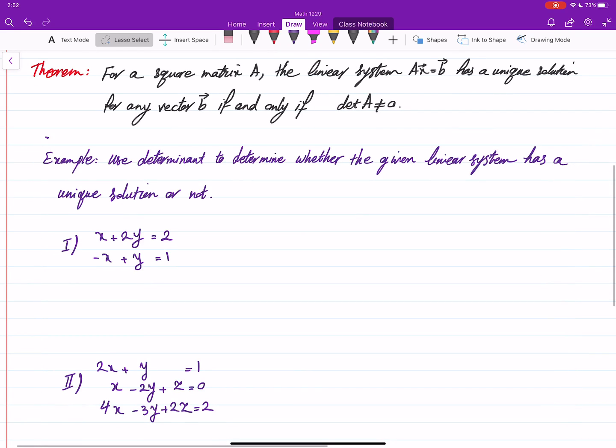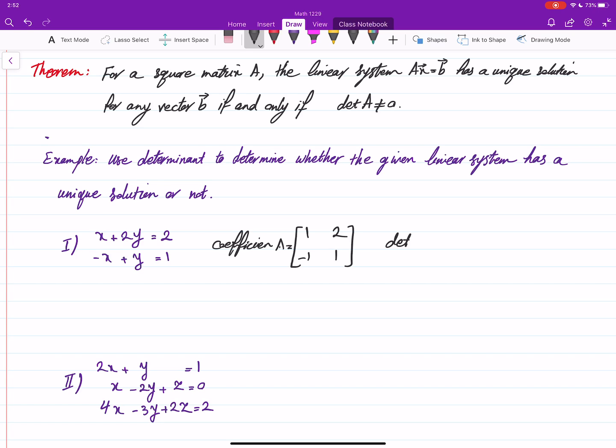So we have a few linear systems. The question asks to determine if these systems have a unique solution. It means check if the determinant of the coefficient matrix, which is this one here, 1 2 negative 1 1, is non-zero.